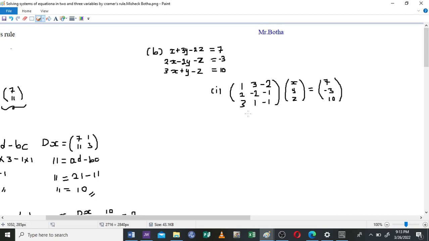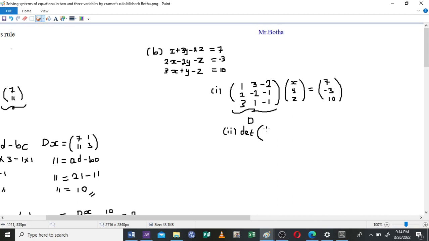Okay, now what we want to do here, we need to remember this matrix here is a matrix of coefficients, right? So this is matrix D, and the second thing we want to do is to calculate the determinant of this matrix D, right? So this is what we want to do, to find the determinant of matrix D, right?